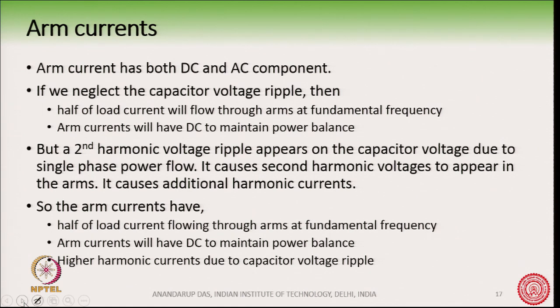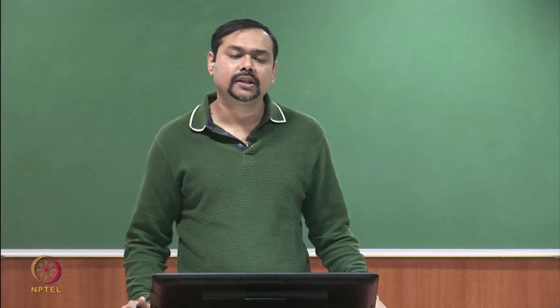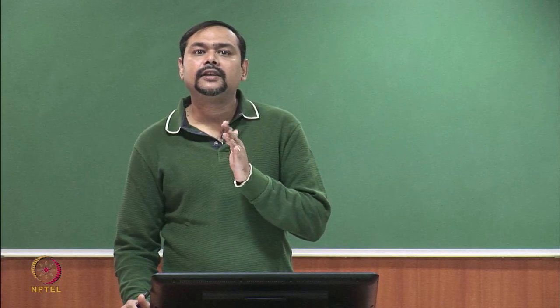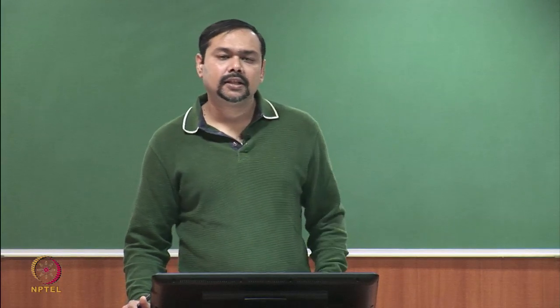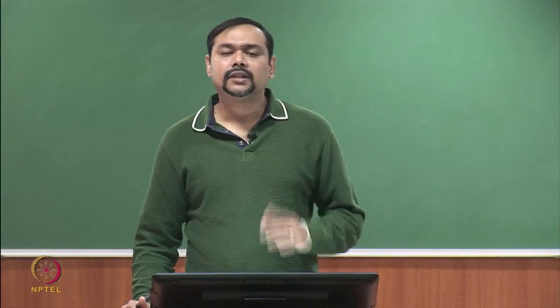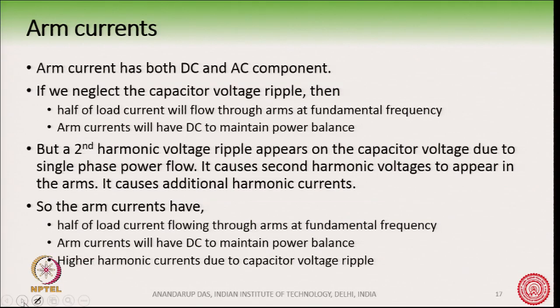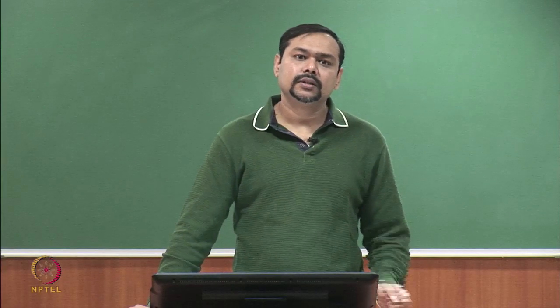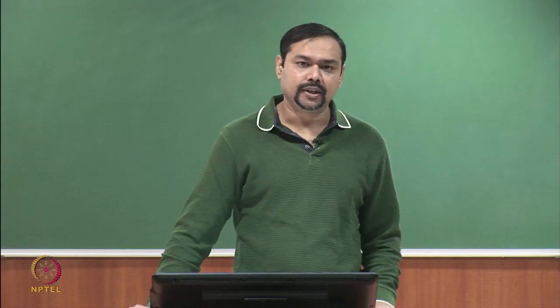This feature of the converter, where the arm contains both DC and AC, is what makes this converter unique, and sometimes it is difficult to fully appreciate the operation of this converter. So, the arm current has both a DC and an AC component.